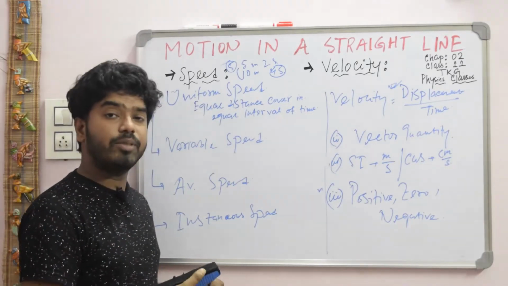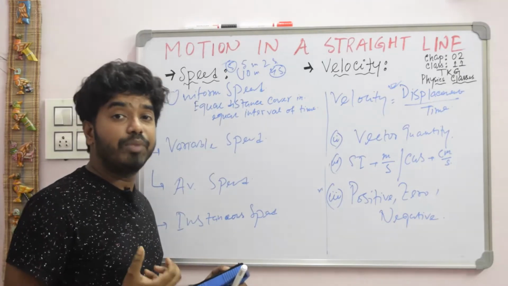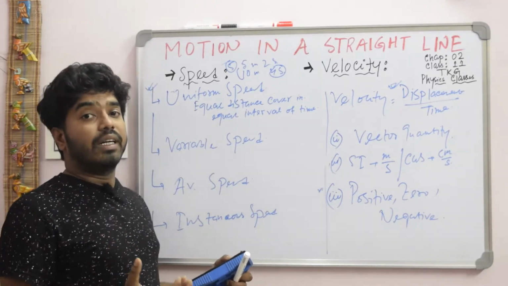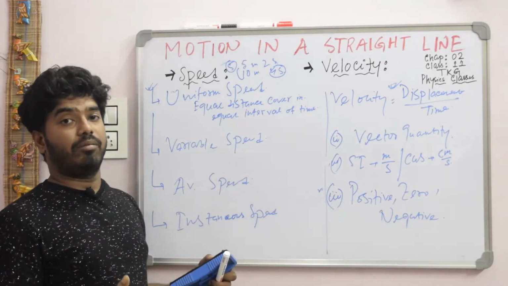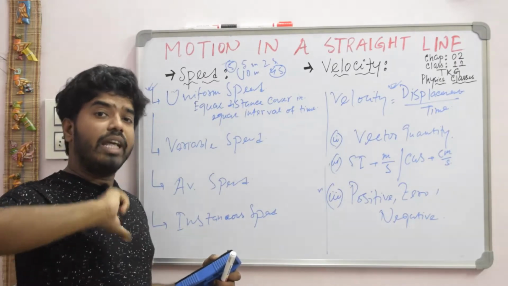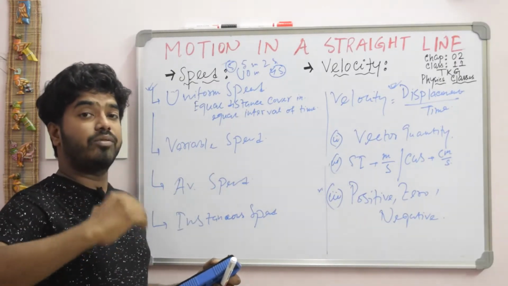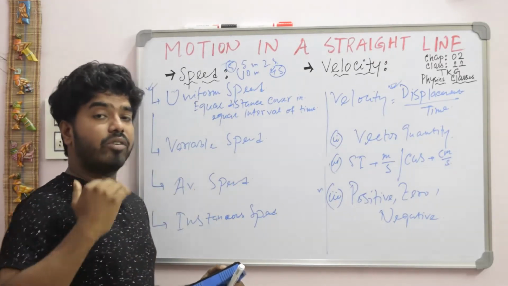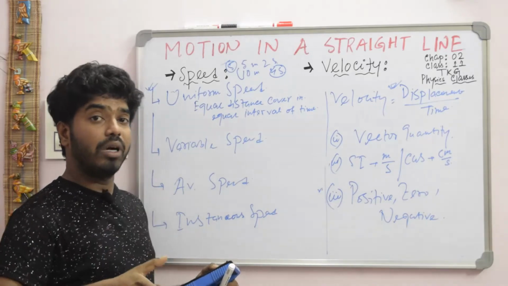Next, variable speed, or you may call it non-uniform speed. So what is variable speed, students? A body is said to be in variable speed when it covers unequal distance in equal intervals of time. Suppose in 2 seconds a body covers 5 meter, then in the next 2 seconds the body covers 10 meter. In the first case in 2 seconds the body covers 5 meter, and in the second case in 2 seconds the body covers 10 meter, which is not equal.